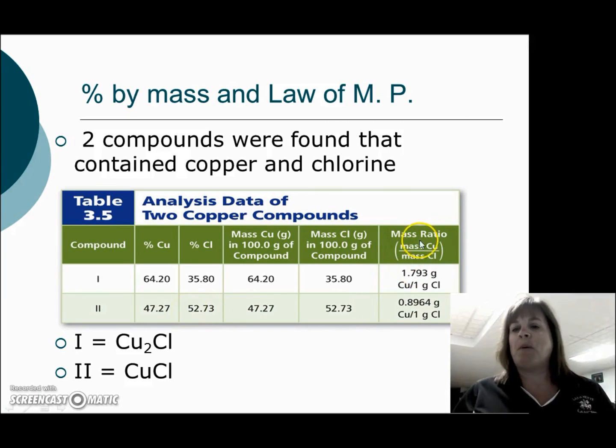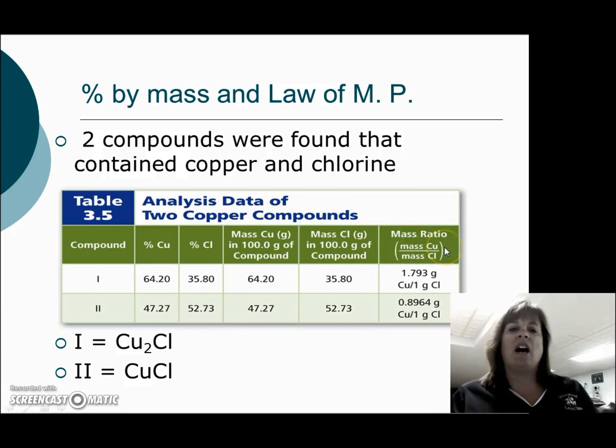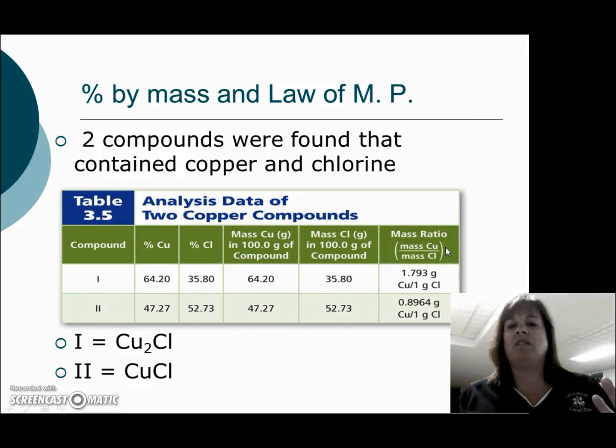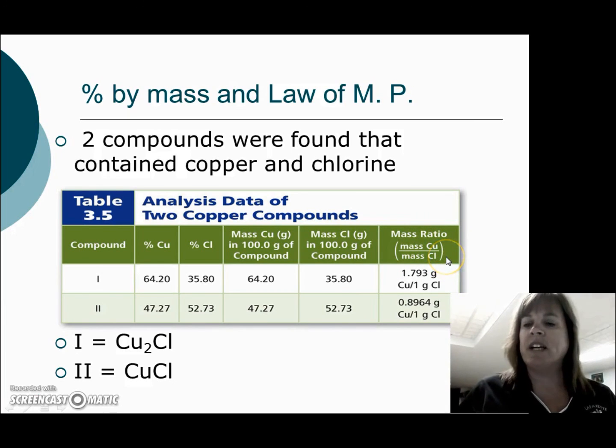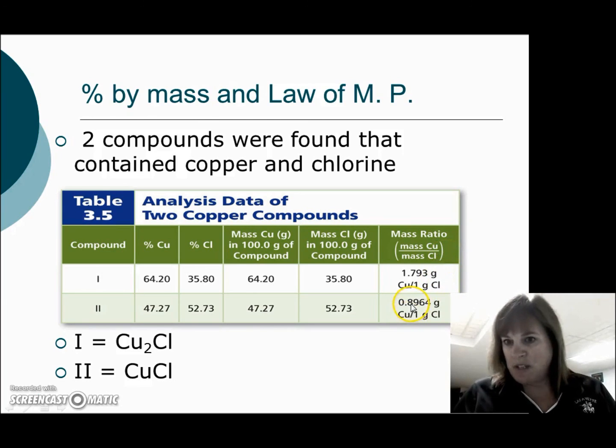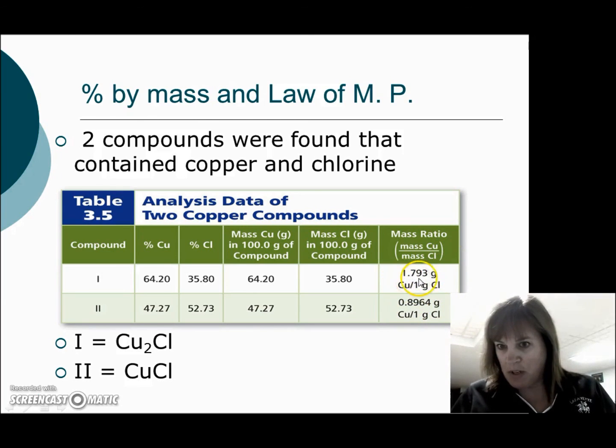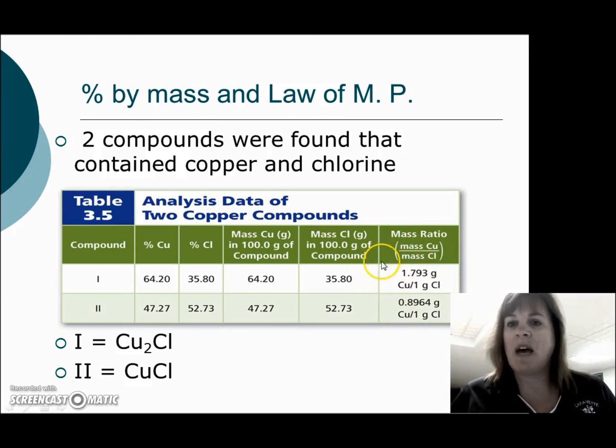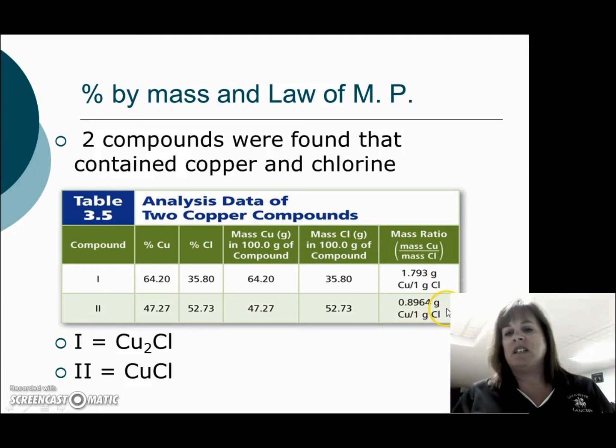And in fact, if we set up a mass ratio and divided our mass of copper by the mass of chlorine, we would see, if we multiply this by 2, we'll get a number close to this, which means that compound number 1 must have twice as much copper as it does chlorine.